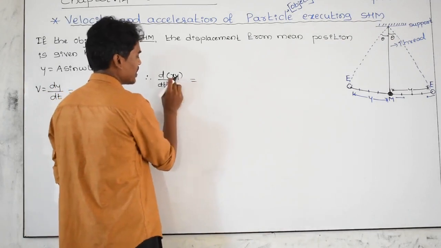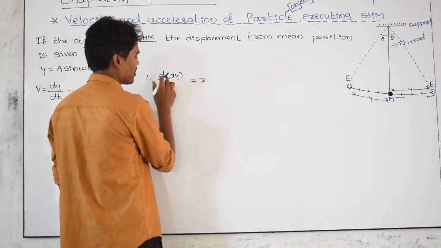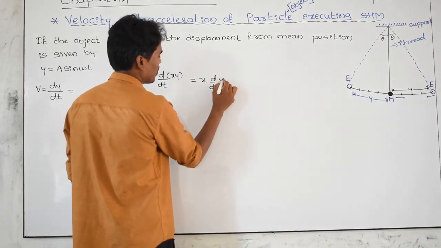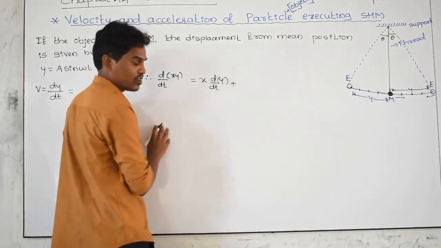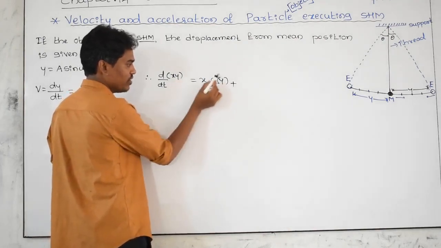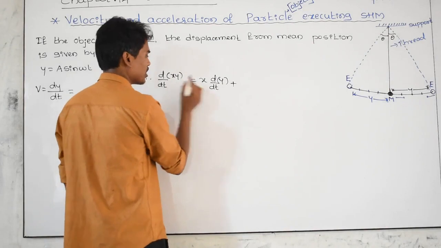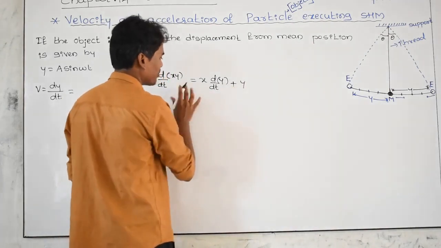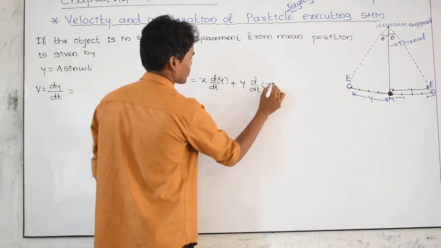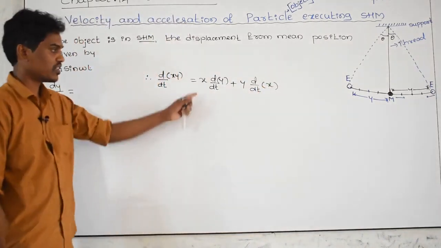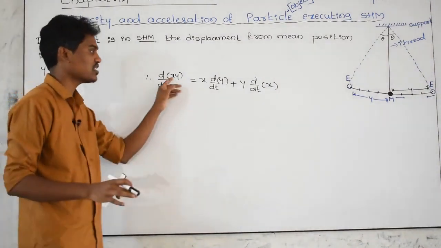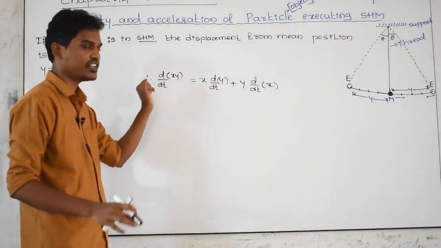First keep x as it is and differentiate y, that is x times d by dt of y, then plus. Now keep y constant and differentiate x, that is y times d by dt of x. This is the mathematical formula. We call it the product rule. Product means multiplication between these two quantities.